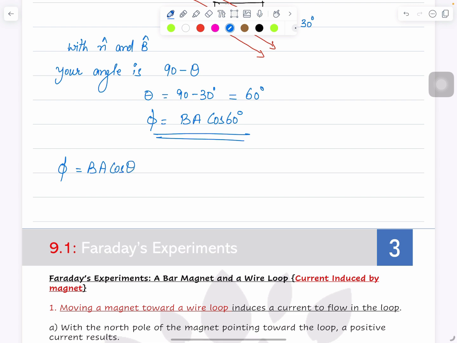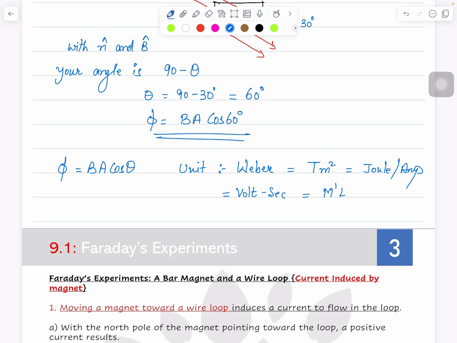If you solve it, the SI unit is Weber, or you can say Tesla meter square, or you can say joule per ampere, or you can say volt second, and the dimensions are M1 L2 T minus 2 A minus 1.